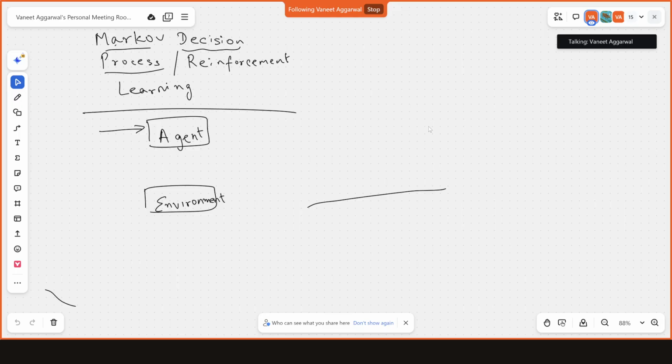The decision is you taking a decision. Think about you playing a game of chess. You are seeing how the chessboard currently is. You are deciding what move you make. And then you're basically changing the process such that your goal is maximized, which is to win.